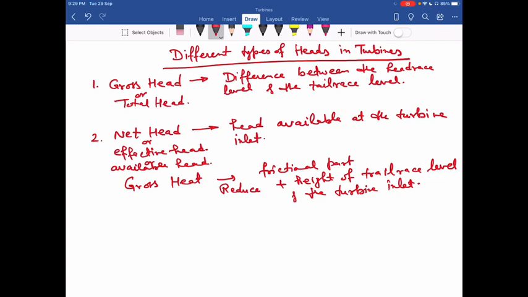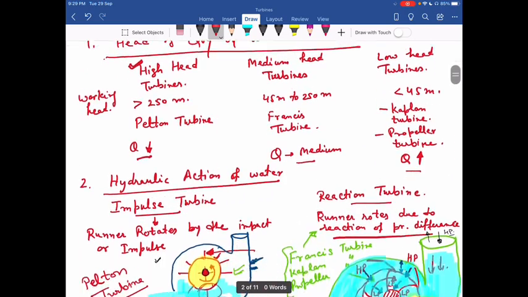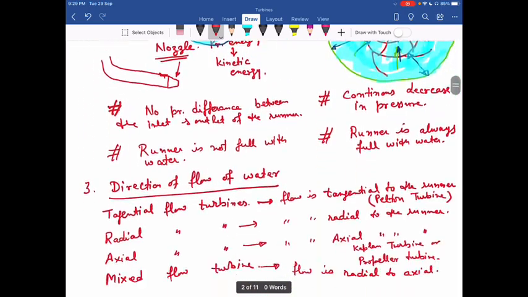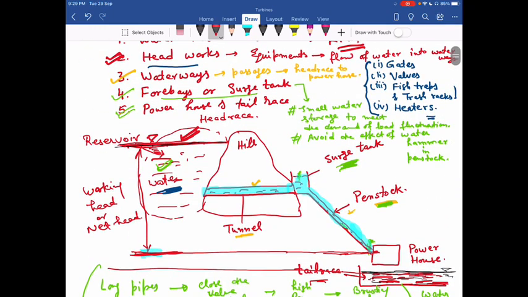Okay. Now if you see the diagram of hydropower plant over here. Okay. So this height, this yellow height, this is the total or gross head.